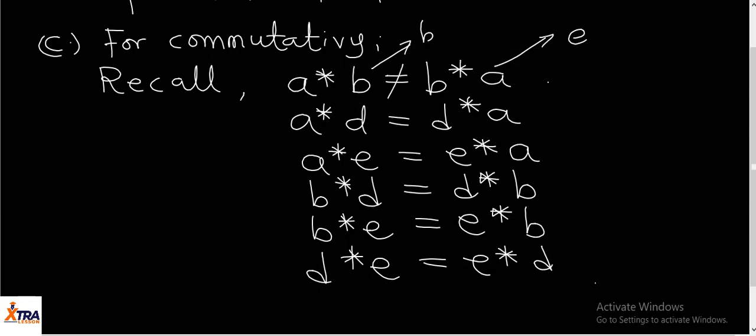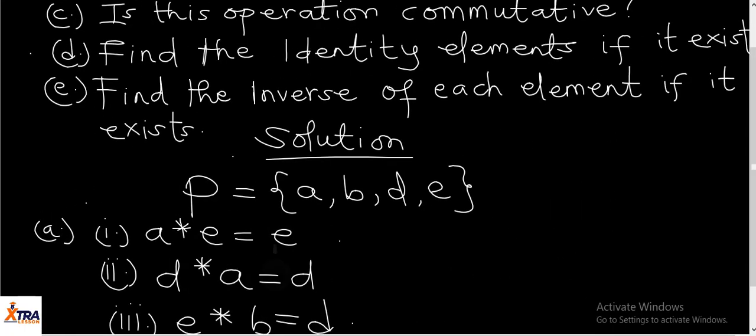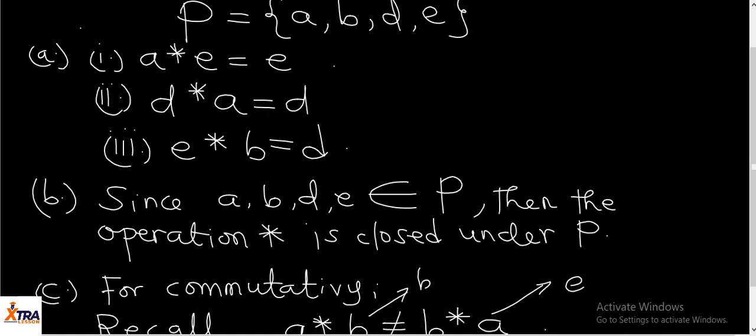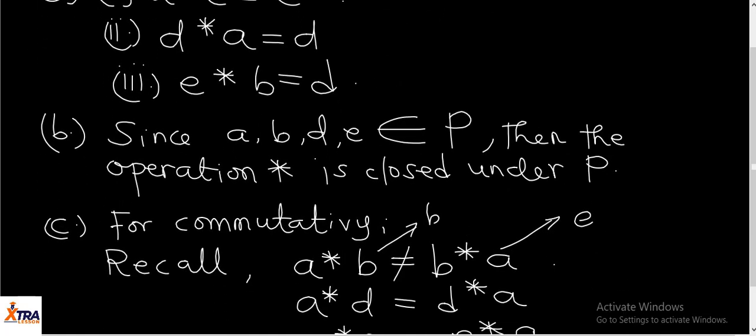Let's consider another one: A operation D and D operation A. A operation D gives us D, and D operation A also gives us D. They both have the same value, D, so these are equal.